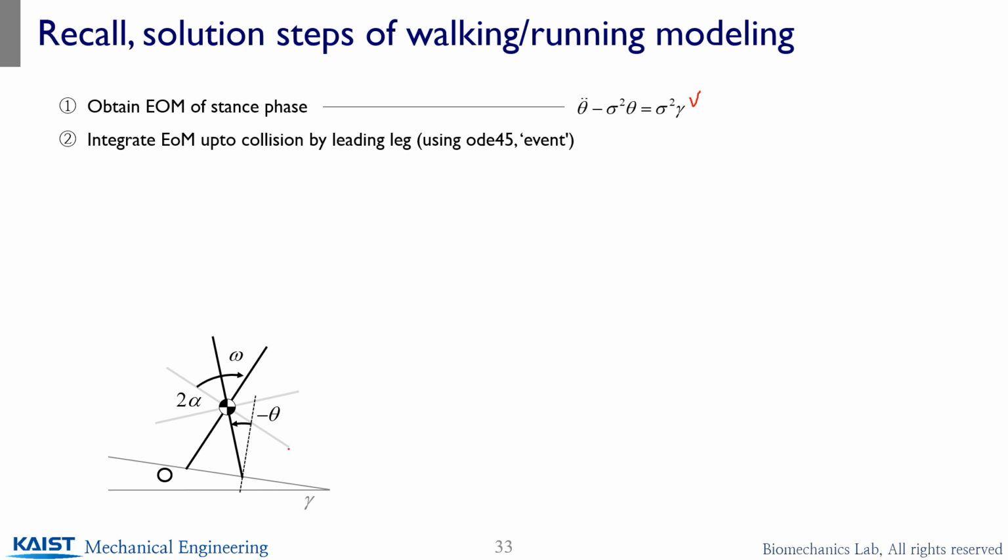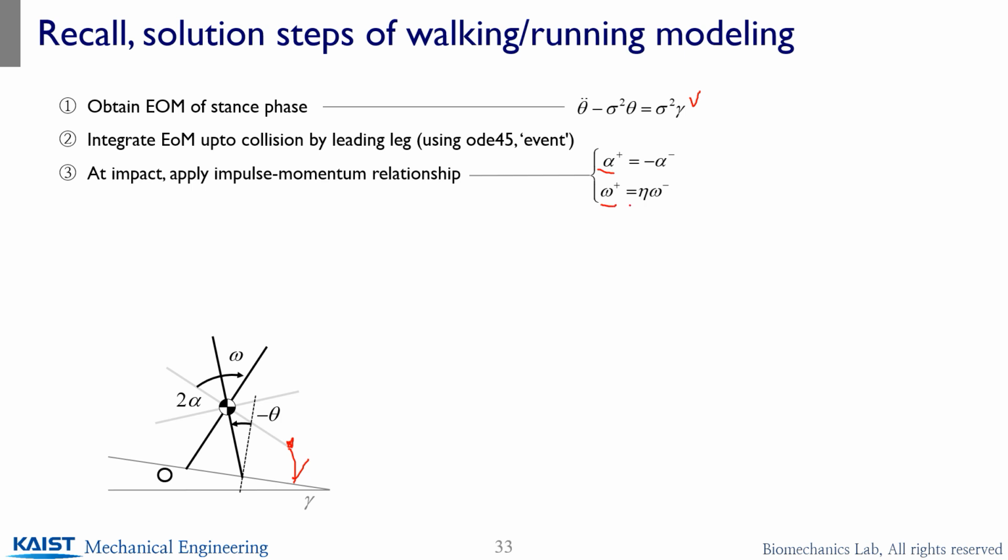The spoke is coming down to the ground, and at the collision, you apply the angular momentum relationship to figure out what the after-collision theta and angular velocity will be. It'll be reduced by a factor of eta, which is less than 1. And then you just repeat these procedures until you find steady walking.